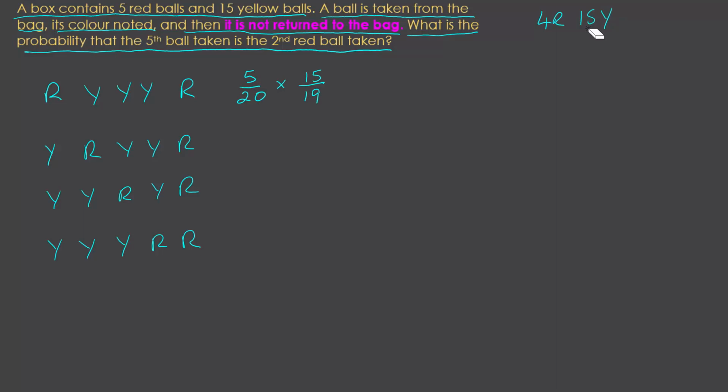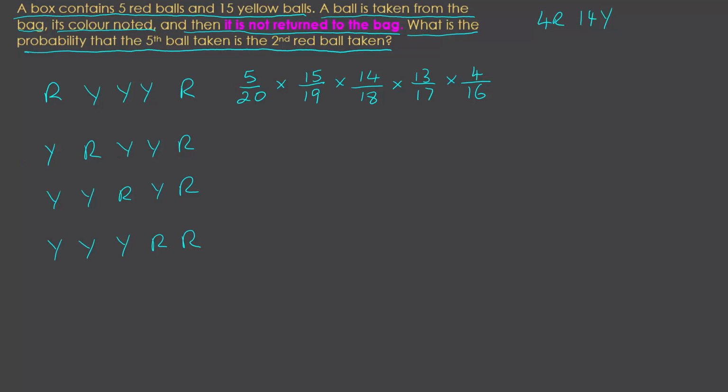And we then have 4 red and 14 yellow. So to get a yellow now is 14 out of 18. Then to get a yellow the next time is going to be 13 out of 17. And to get a red at the end is 4 out of 16.